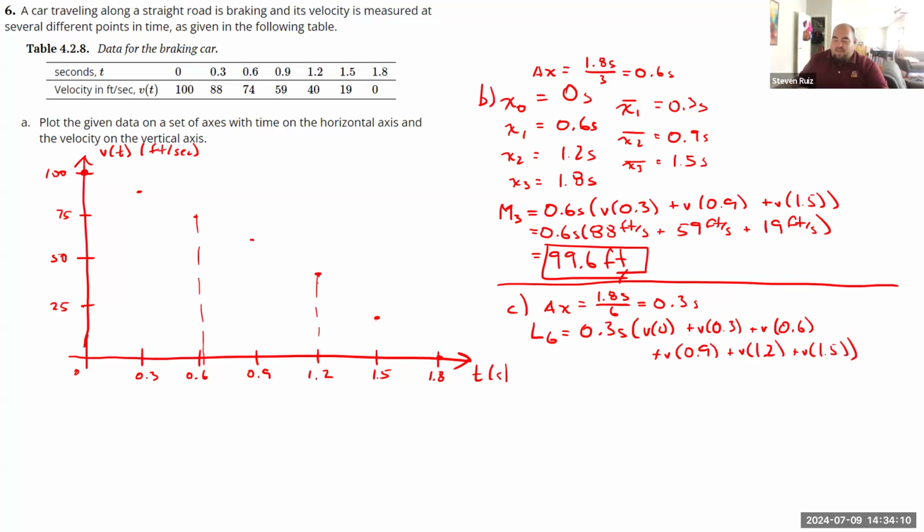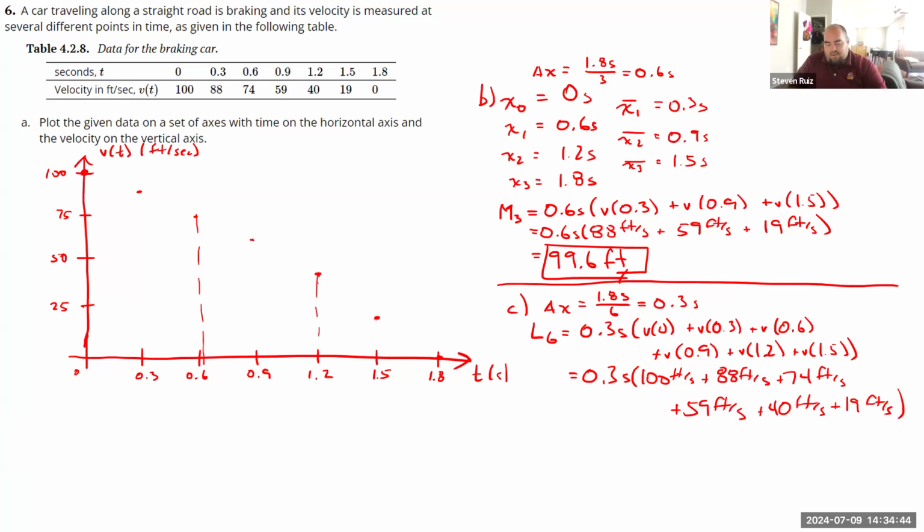So do I have all those values? That'll be equal to 0.3 seconds times basically the first 6 values in the table. 100 feet per second plus 88 feet per second plus 74 feet per second plus 59 feet per second plus 40 feet per second plus 19 feet per second.